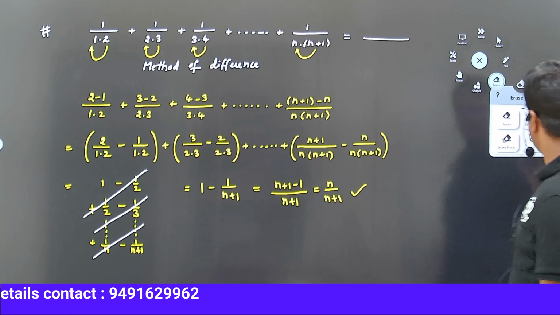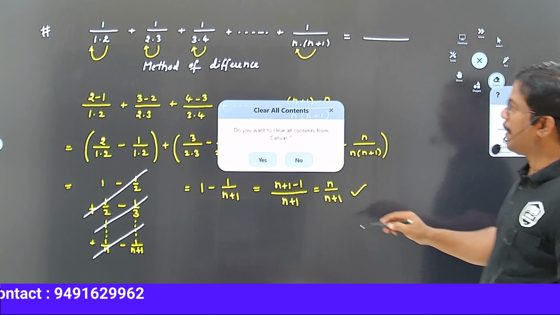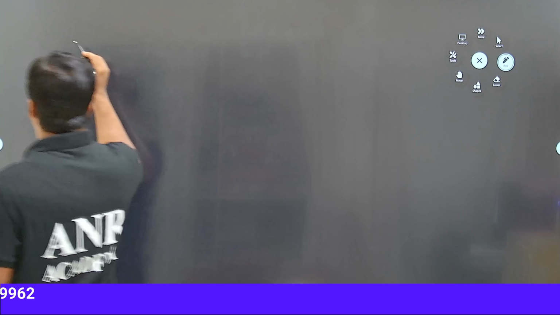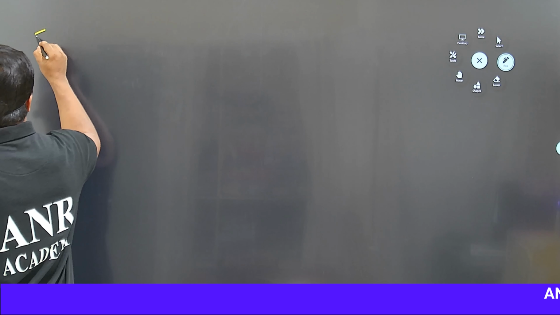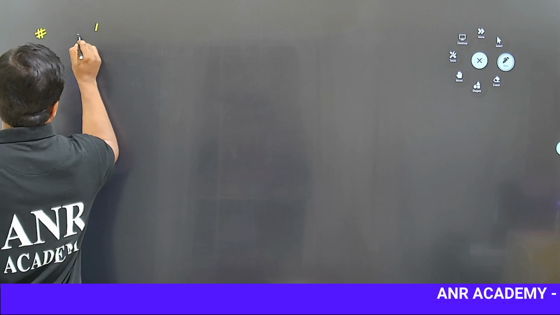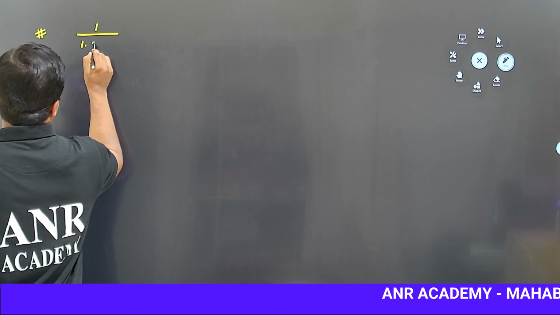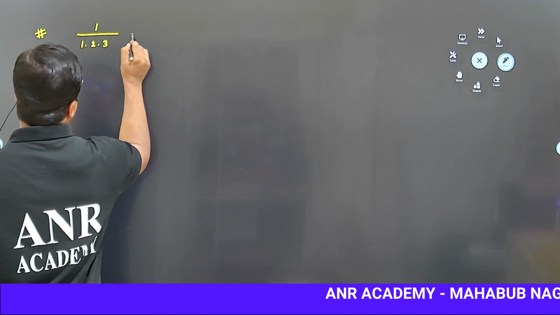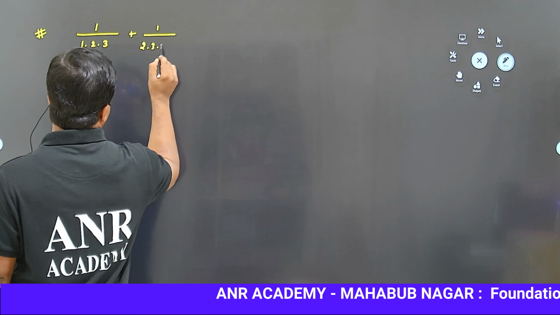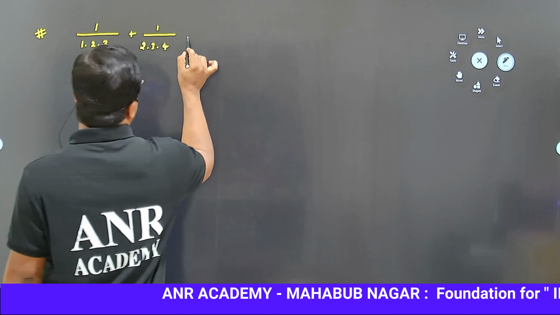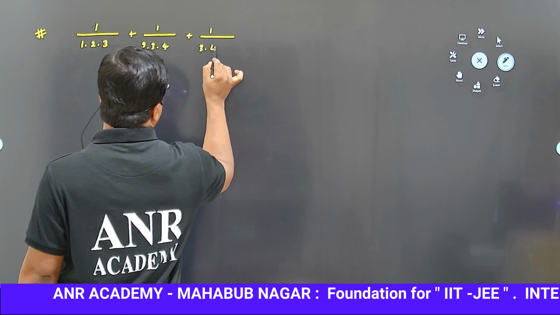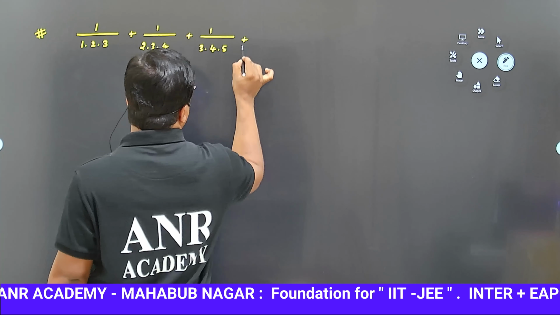Same model, another question we are going to discuss. Suppose in the denominator part it contains 3 terms: 1 by 1 multiplied by 2 multiplied by 3, next 1 divided by 2 multiplied by 3 multiplied by 4, plus 1 divided by 3 multiplied by 4 multiplied by 5, and so on.